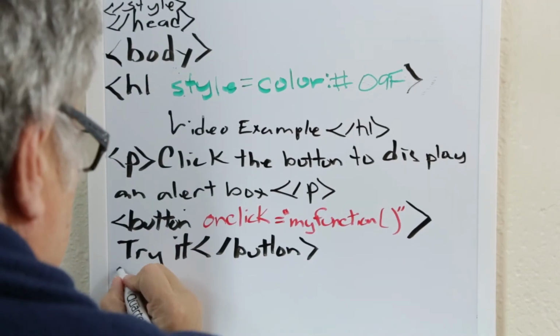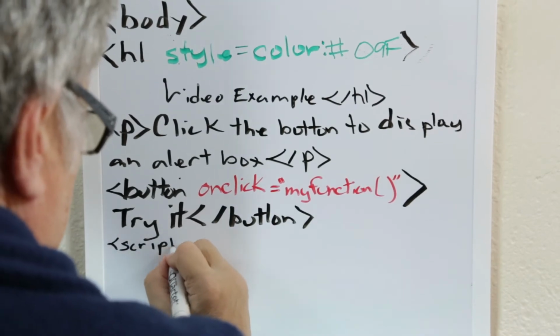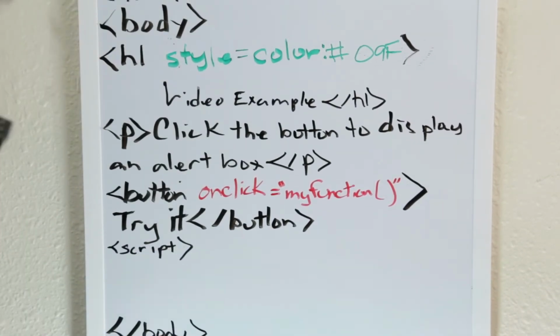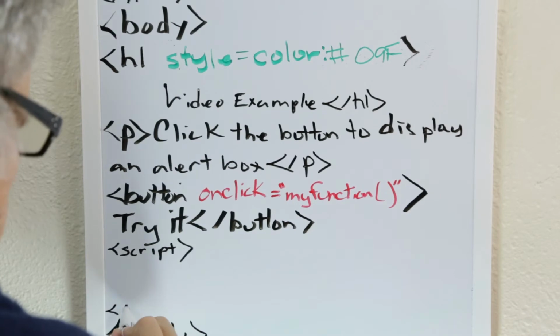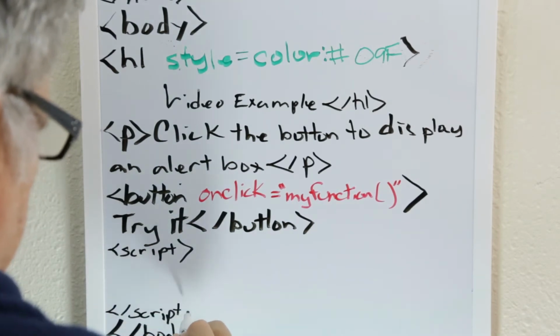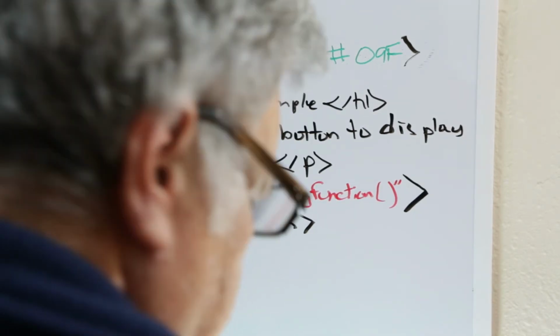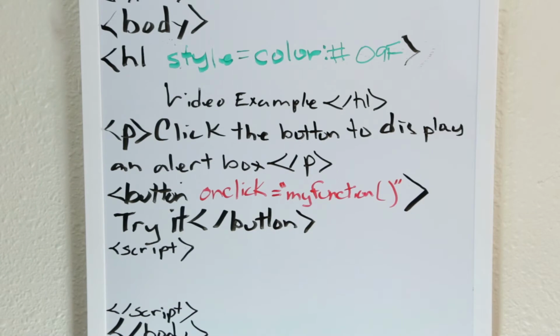Now I'm going to write the function. So I need one more tag. Down here I need a script tag. Now if I open the script tag, I have to close the script tag. Same with the forward slash.